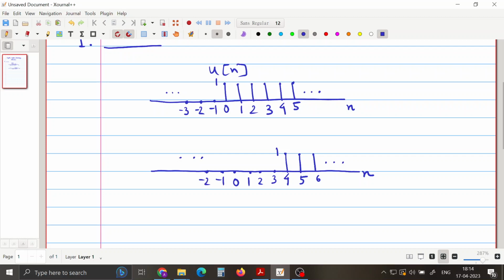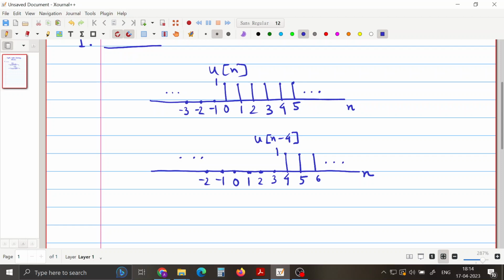These are all zeros. Alright, so this is the stem plot for u of n minus 4.